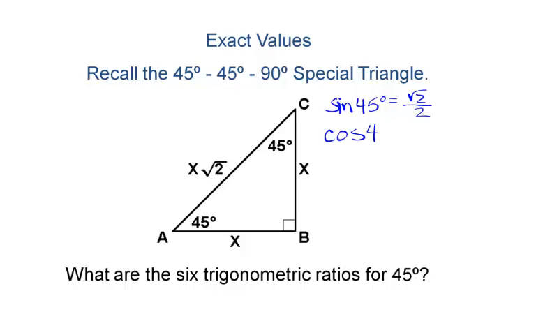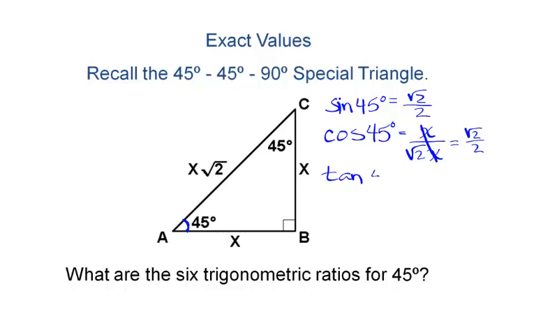Let's talk about cosine of 45 degrees. Cosine, remember, if this is my 45-degree angle, was adjacent over hypotenuse. Well, lo and behold, look where we are. We're at 1 over the square root of 2. We can rationalize the denominator. And there's the cosine function.